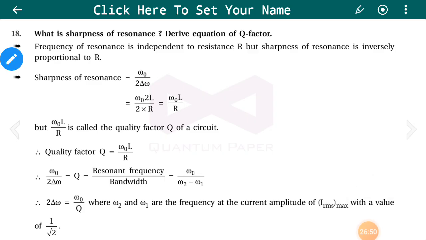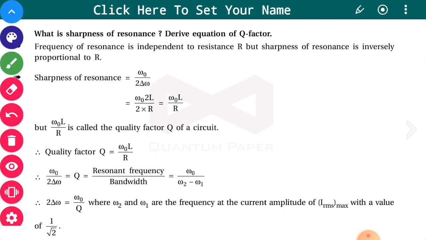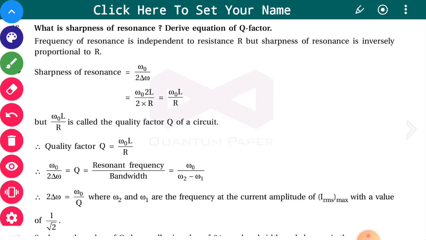Now continuation of that, what is sharpness of resonance? Now see, this sharpness of resonance is defined as omega 0 upon 2 delta omega. So instead of this delta omega, what we got, r upon 2L. Delta omega just now we got, that is r upon 2L.